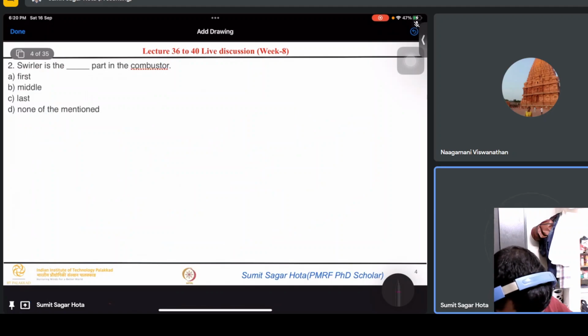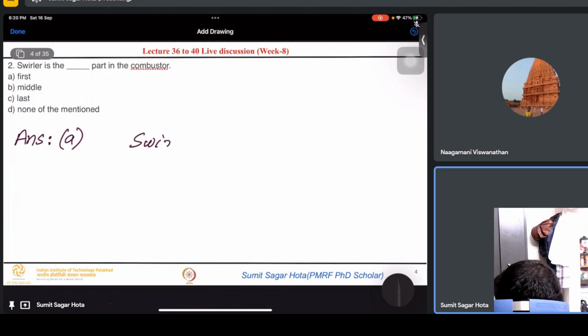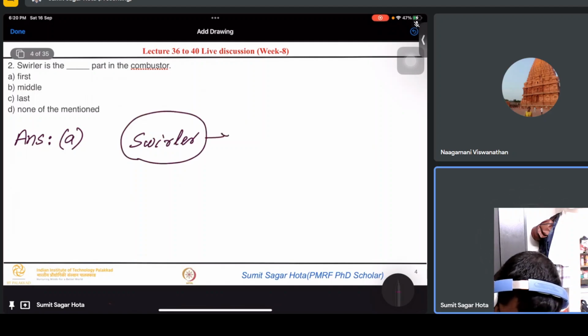Next question: Swirlers is the dash part in the combustor. Swirlers are always the first part of the combustor. What does a swirler do?